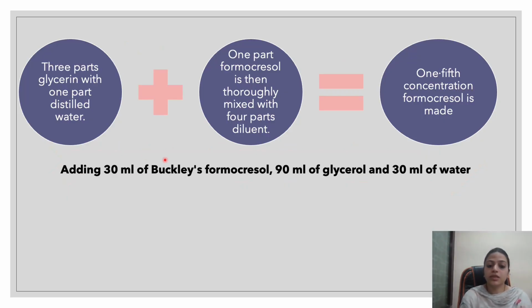Here Buckley's formocresol is used, that is, 3 parts of glycerin with 1 part of distilled water is mixed with 1 part of formocresol, and thus a 1/5 concentration of formocresol is made, and this is used during the procedure.